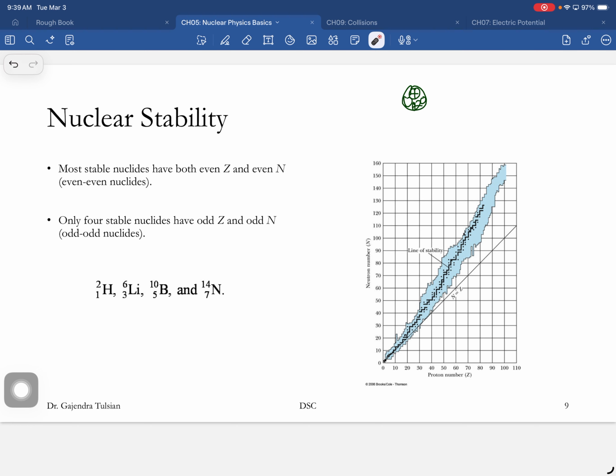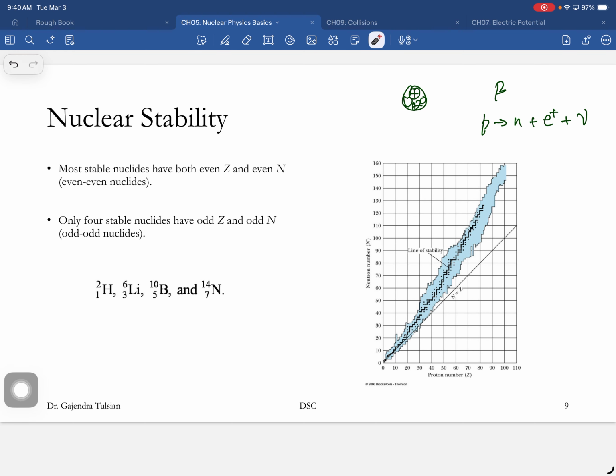When it's doing a beta decay, when a proton is turning into a neutron plus a positron plus a neutrino, what is happening is it's reducing 1 proton and increasing 1 neutron. So the nucleus here is moving like that towards stability.